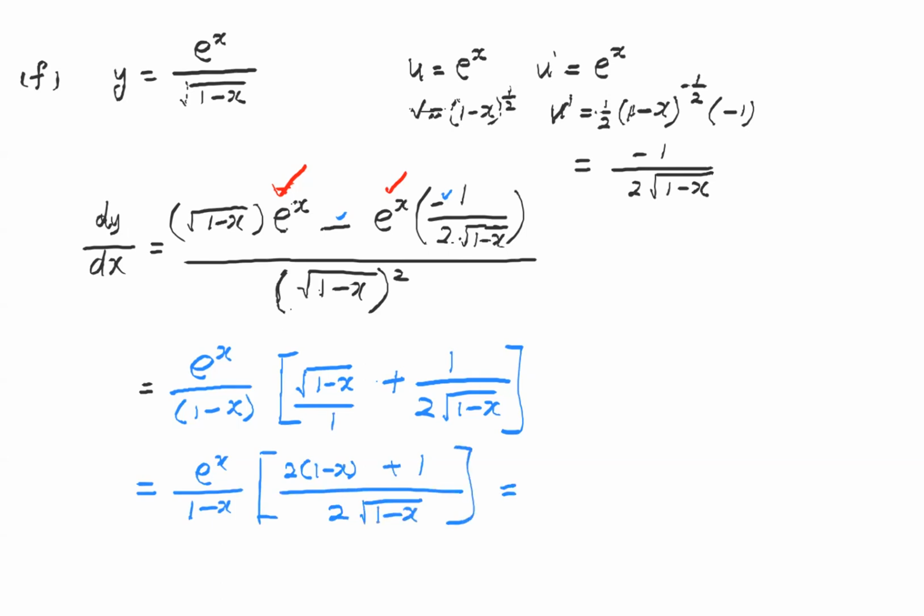So I will have e to the x, there will be (3 minus 2x) divided by 1 minus x. You see, I bracket it up, times 2 square root of 1 minus x. That means that is also (1 minus x) to the power of 3 over 2. Correct? So you can just leave your answer like that. Are you okay?